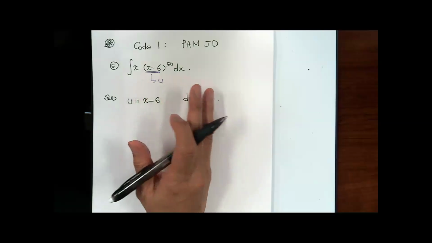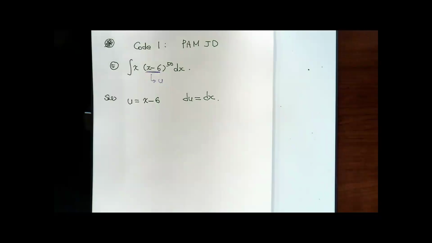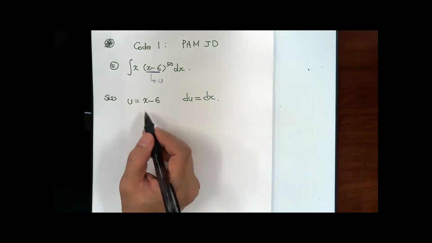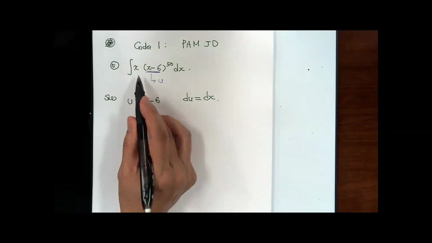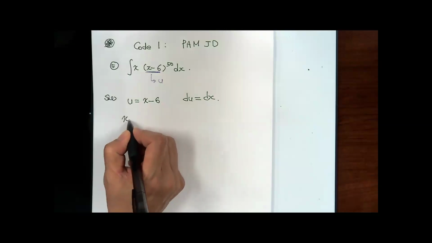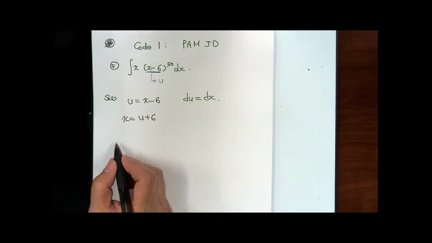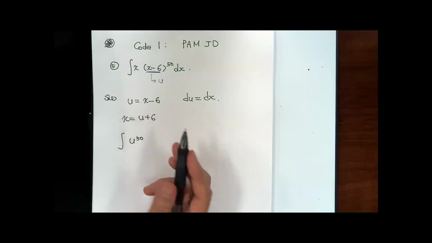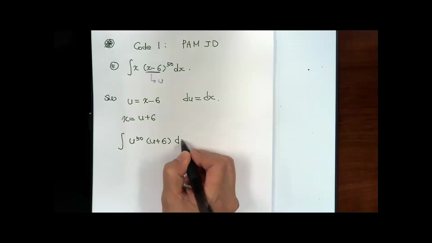And so we don't have to expand anything. x can be written as u plus 6. So when you rewrite the given integration, we have u to the 50th power, and x is u plus 6, and dx is du.